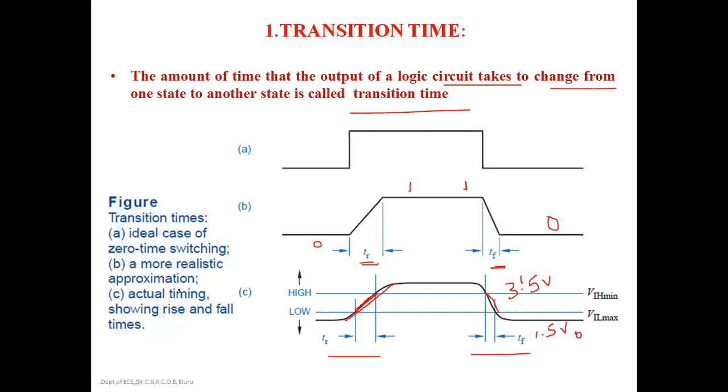So, to conclude this slide, what is the transition time? The transition time is the time required for the output of a logic circuit to change from one state to another state.